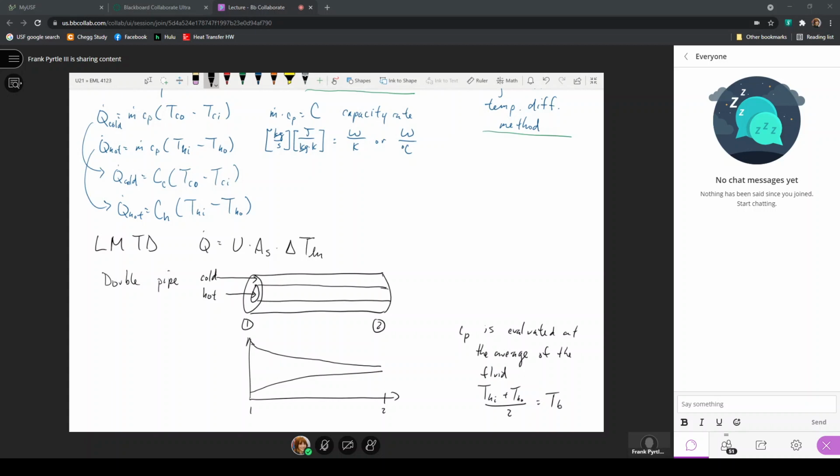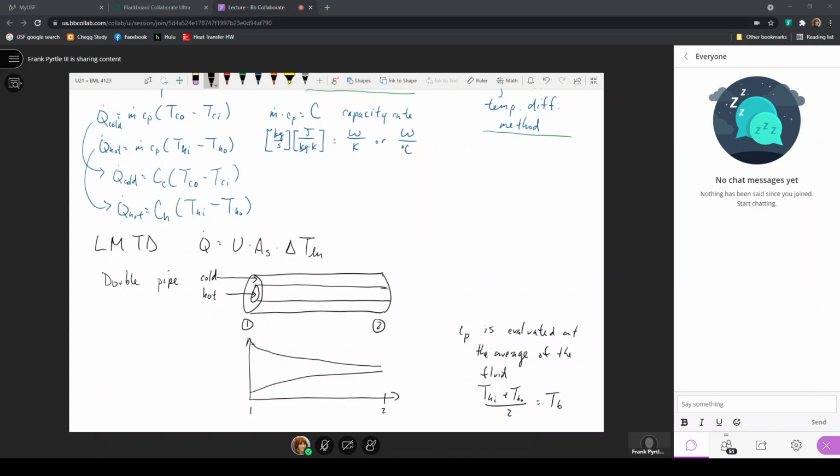So let's say you were given water and the temperatures were 20 degrees at the inlet and 10 degrees at the outlet. That just says we would evaluate the specific heat at 15 degrees, 10 plus 20 divided by 2, and that will be the temperature at which we would get the specific heat for that fluid.